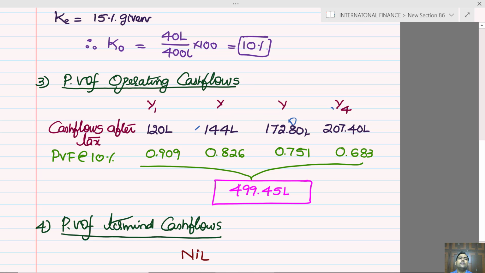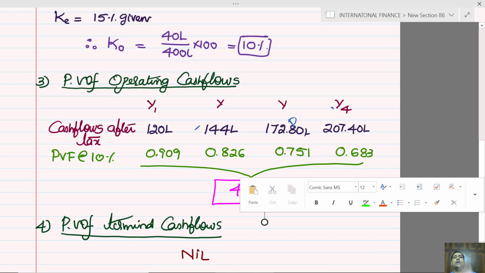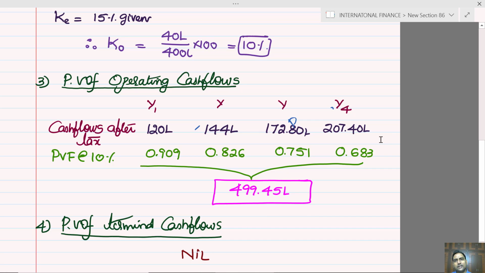So after 4 years, every year you have recovered 10% interest thereon. As of now, if this project gives you a 10% rate of return, in that case you would get your principal back. So if you add all these, this amount must be equal to 400 lakhs. That is what you have invested as on today.